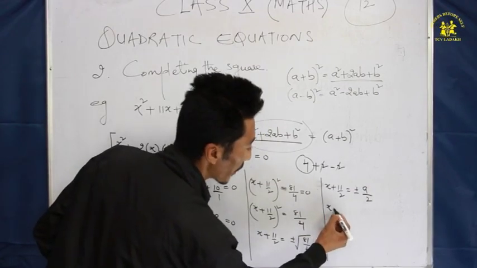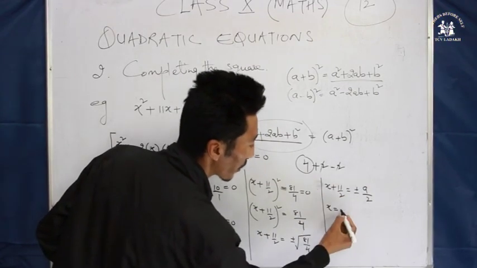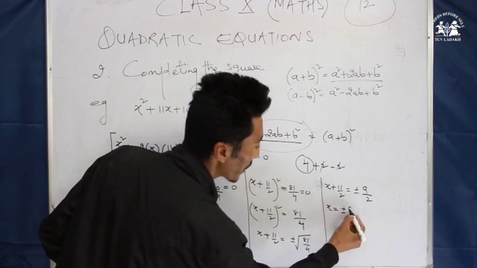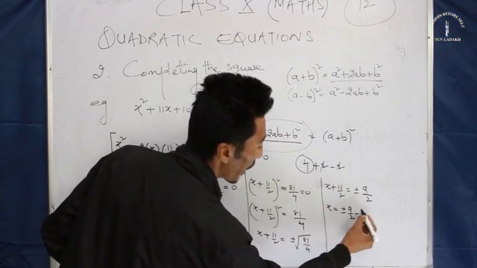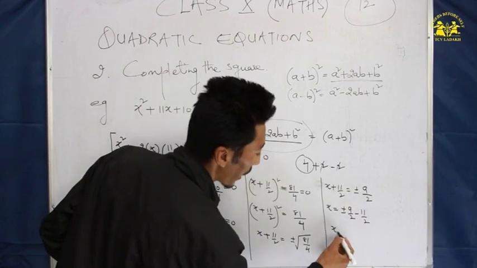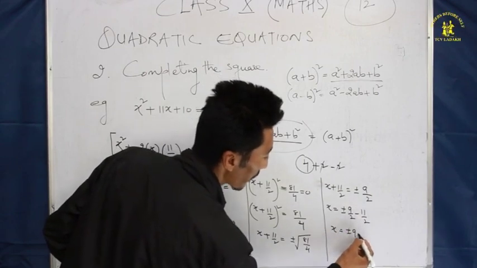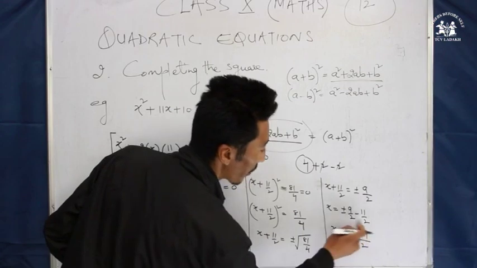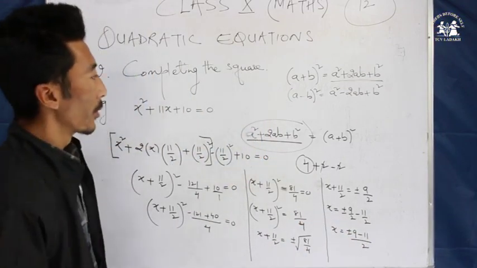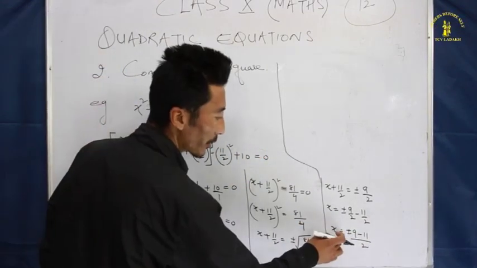Next, x equals minus 11 by 2, so we have plus and minus 9 by 2 minus 11 by 2. So x equals plus and minus 9 minus 11 divided by 2, the denominators being common.